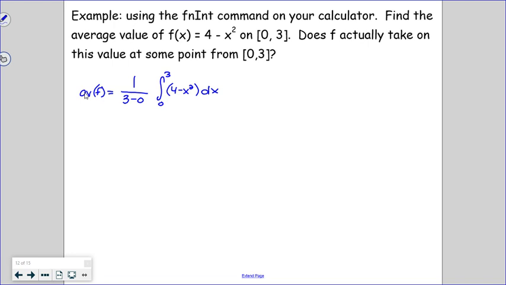Now, I would just do the fraction by itself for a second here. 1 over 3 minus 0 is just 1/3. And this I'm going to do using math 9. So again, kind of practicing getting that typed in our calculator. And what is the value of that integral from 0 to 3? Okay, so then the average value of this function from 0 to 3 is 1.